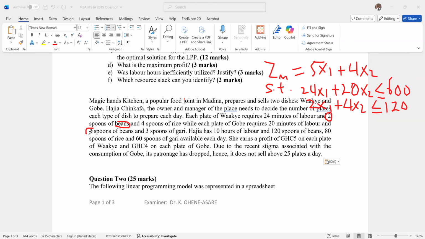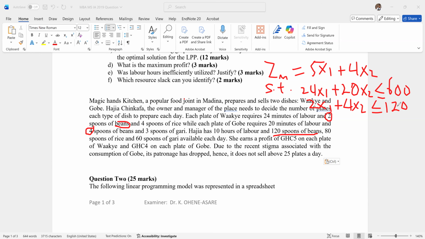That is here. And then we're told that the total number of beans was 120. So you pick that 120, and then you can now formulate the beans constraint. Who is not clear? They are scattered, but you know the resources being used.